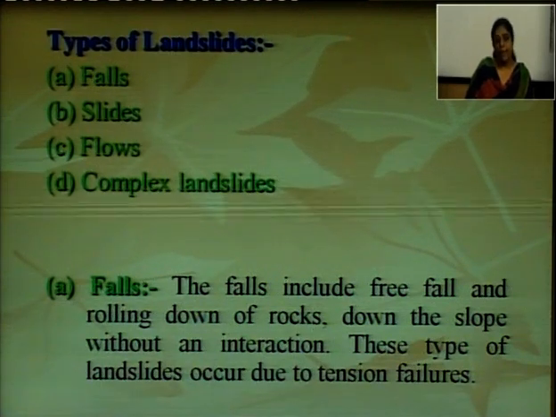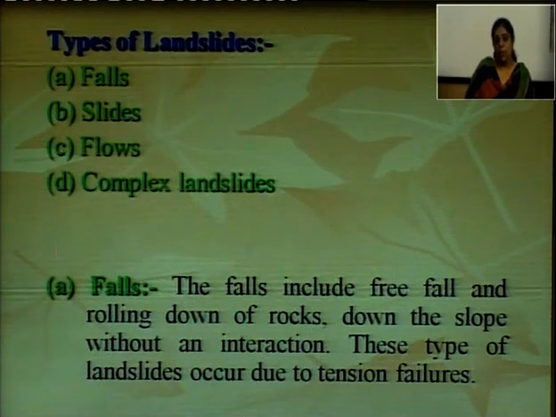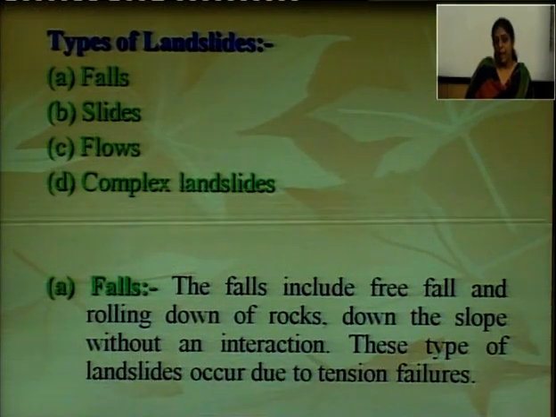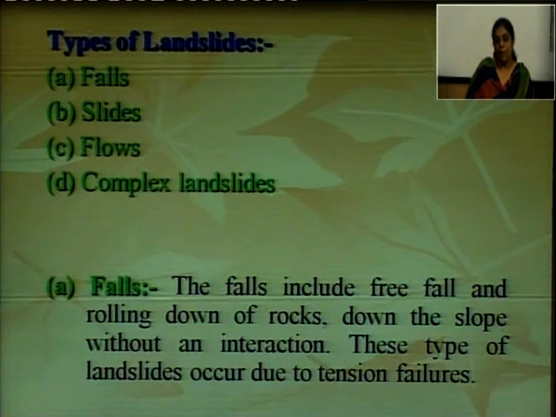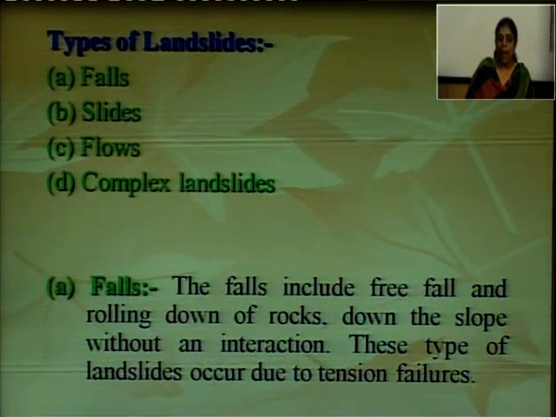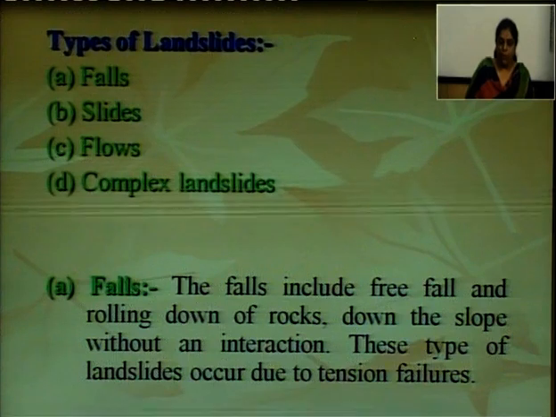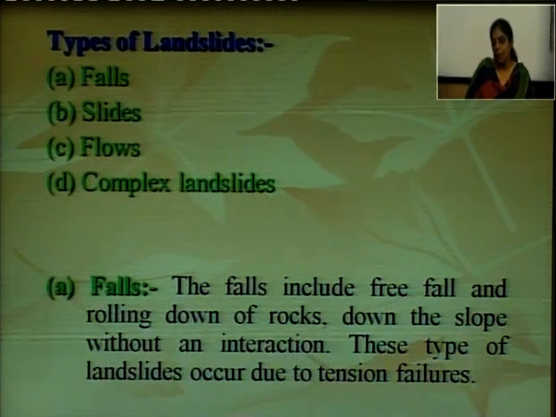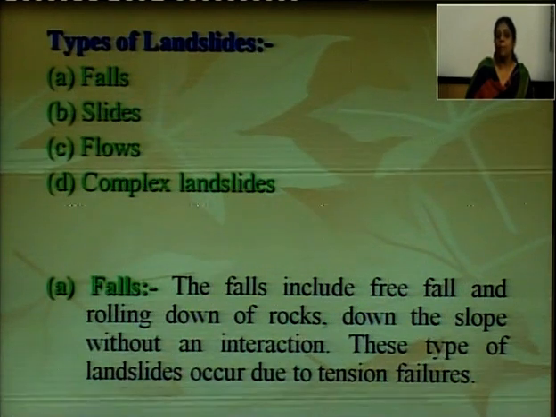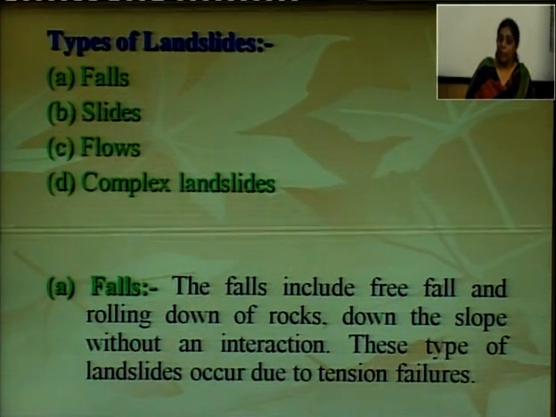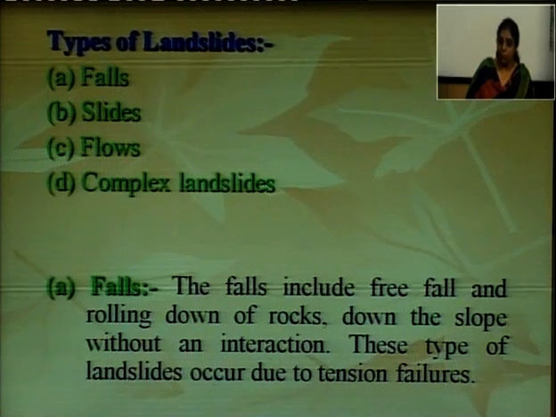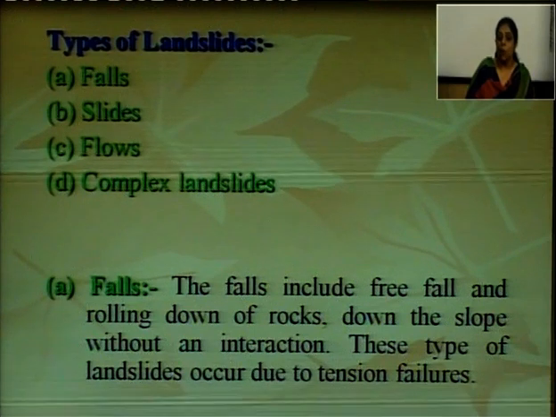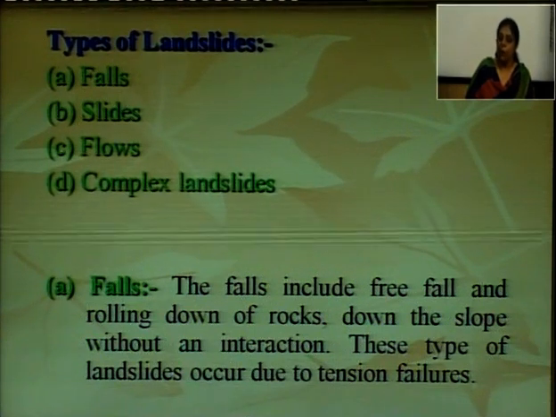When soil gets eroded due to fast flowing water, then the soil which binds the rocks on the slope is not there, and definitely the rocks come rolling down the slope, and this type of fall of rocks from the hills is called falls.